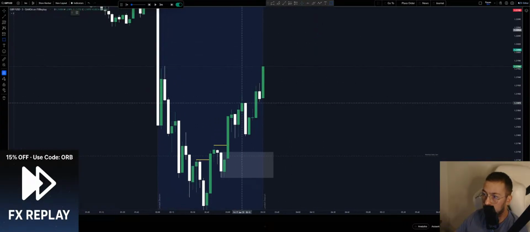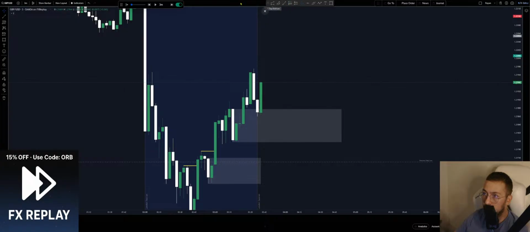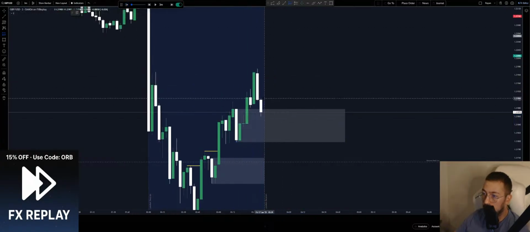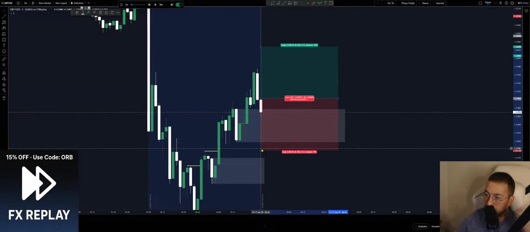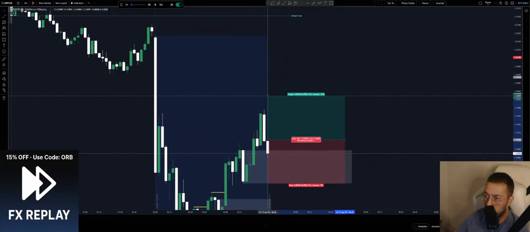We have another demand zone here. The price retested and gave us an entry. That's our entry right there. Stop order here. Your stop at the end of the zone. 1 to 1.